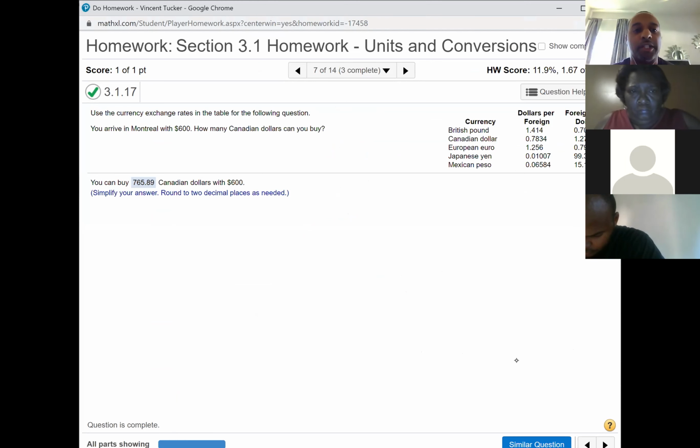So the Montreal is the dollars and the foreign is the Canadian. You want to convert it, and you can use either one of these.